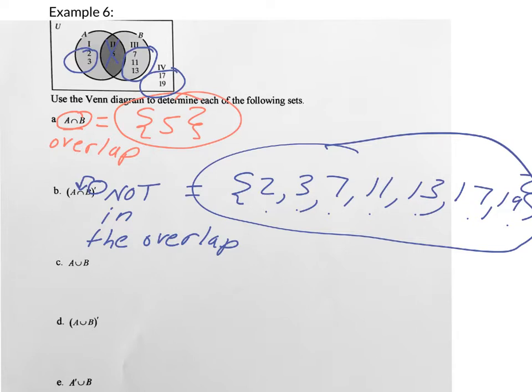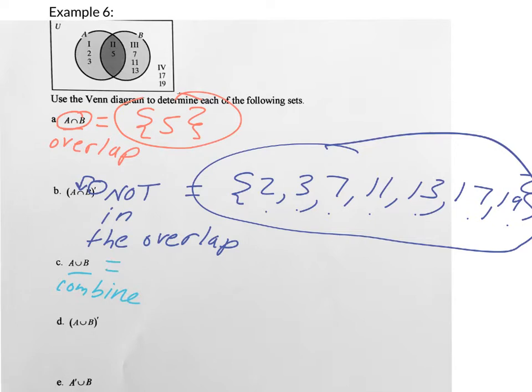Let's take a look at part C now. And I'll change pen colors. So C says A union B. We got the union U. The U opening up in between two set letters, two capital letters, is how I know it's union U. And our memory trick for union was to combine the two sets together.